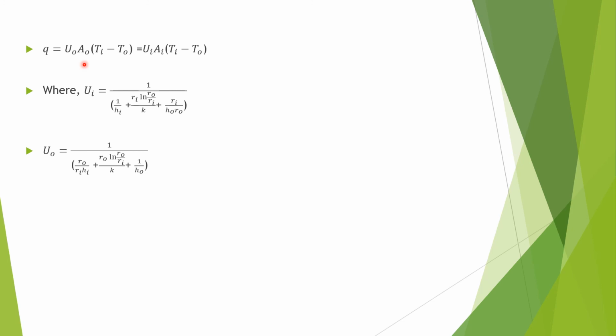But when the two fluids are separated by the cylindrical wall, like we have studied now, in that case we can calculate two overall heat transfer coefficients. अब दो ओवरऑल हीट ट्रांसफर कोएफिशिएंट कैसे फाइंड आउट कर सकते हैं? तो एक ओवरऑल हीट ट्रांसफर कोएफिशिएंट है जो हम outside radius of the inner pipe, that is our small ro, ये कंसिडर करके फाइंड आउट कर सकते हैं. और small ri, that is inside radius of the inner pipe, ये कंसिडर करके हम एक और ओवरऑल हीट ट्रांसफर कोएफिशिएंट फाइंड आउट कर सकते हैं.